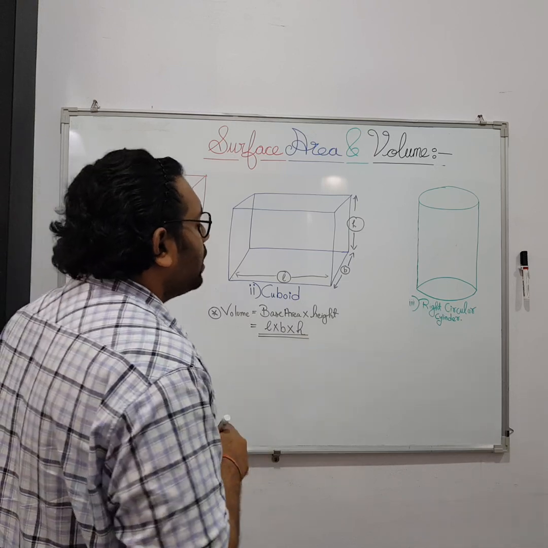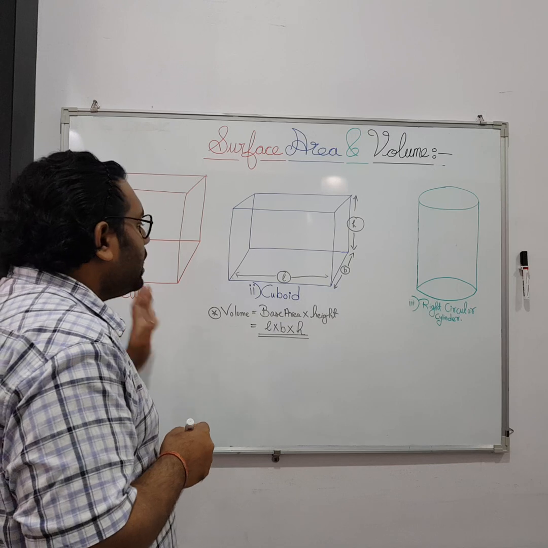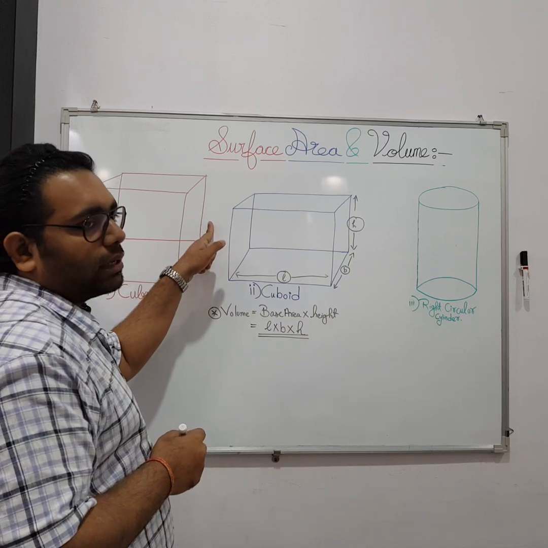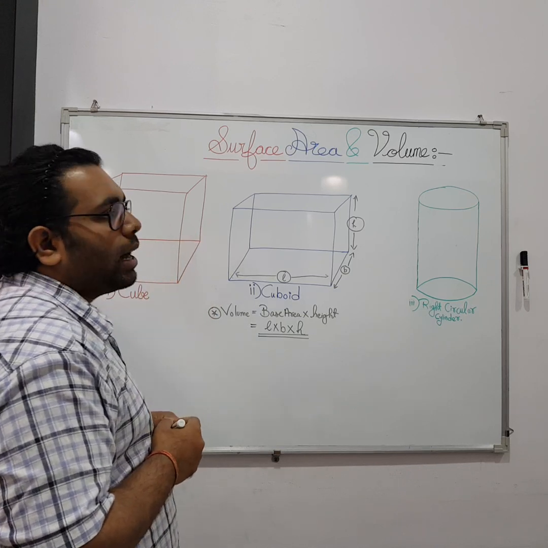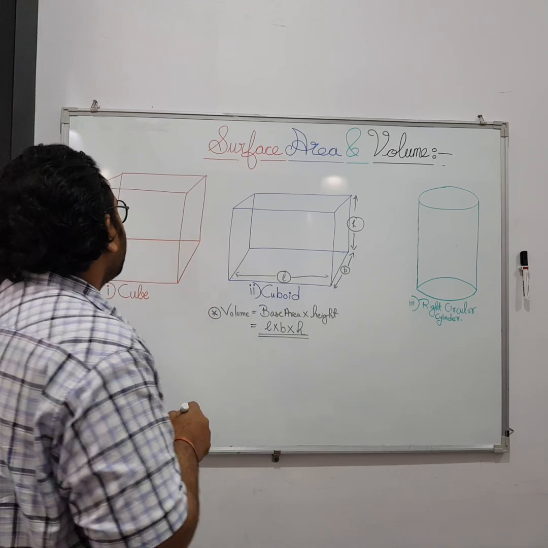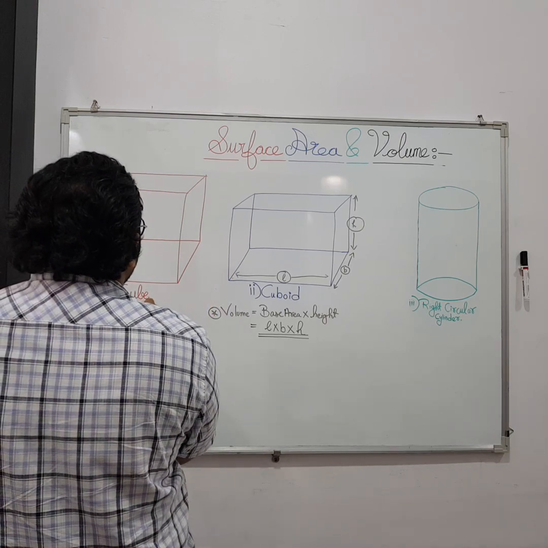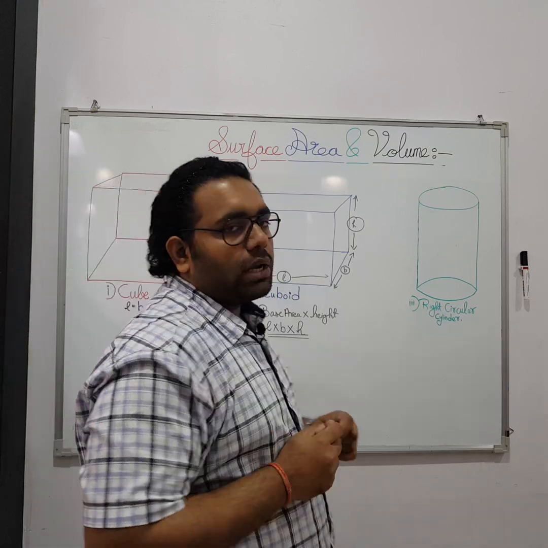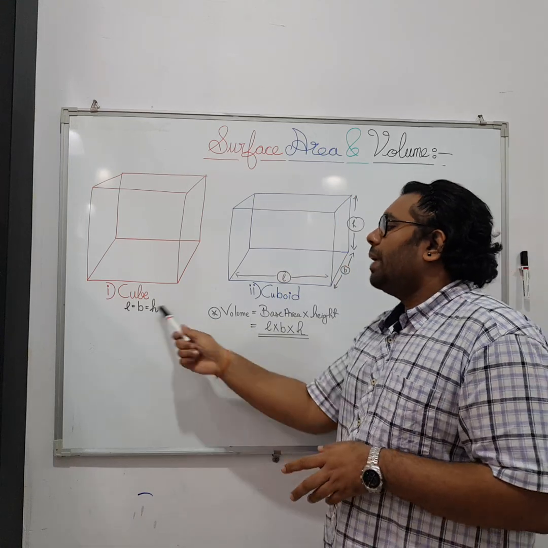Similarly, over here for a cube, even a cube has a length and a breadth and a height. But since all the sides of the cube are equal, we can say that over here L is equal to B is equal to H. Again, this is a very common misconception which students have, that a cube does not have a breadth and a height.